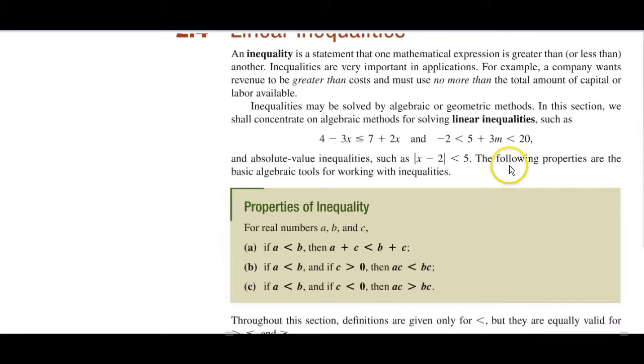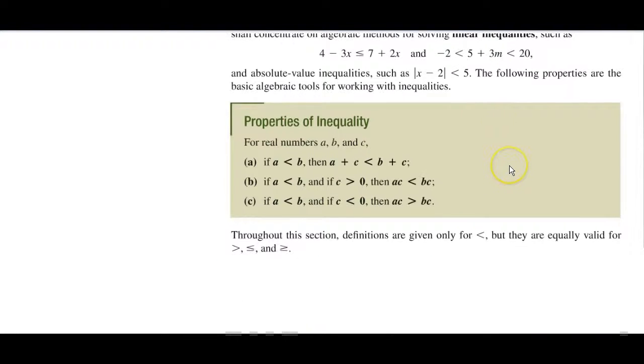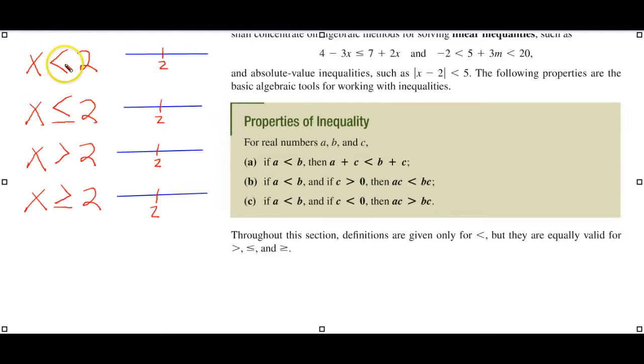Now, when we solve inequalities, much of the rules that we use for solving equations are there as well. But I'm going to give you some general background items about our 4 inequality signs, and I'll set that up for you. So here are the 4 inequality symbols that we work with.